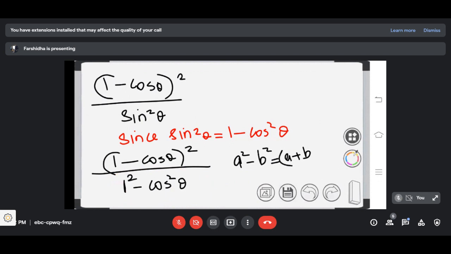Okay, so right below that, applying identity a square minus b square is equal to a plus b into a minus b.